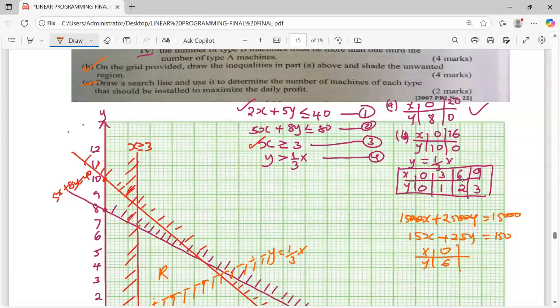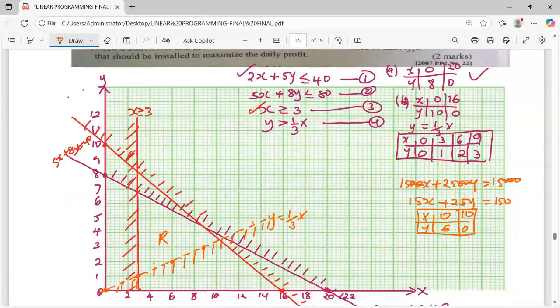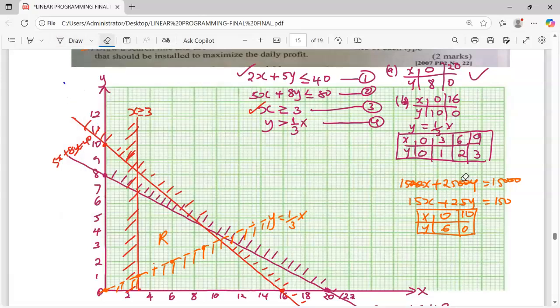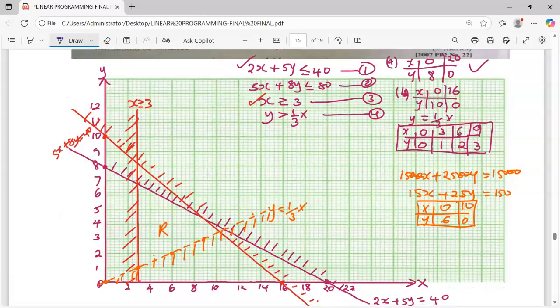And if we assume that the value of y is 0, then x is going to be 10. We are going to use these 2 points to draw our search line. So when x is 0, y is 6 at this point here. And when x is 10, y is 0 at this point.